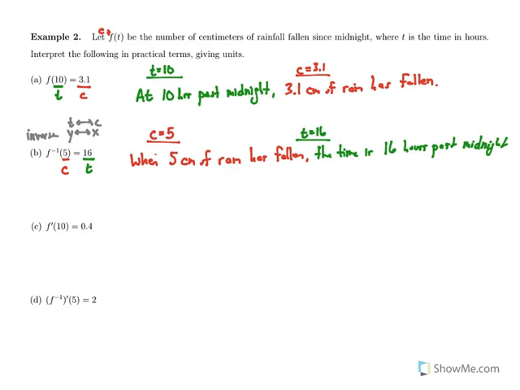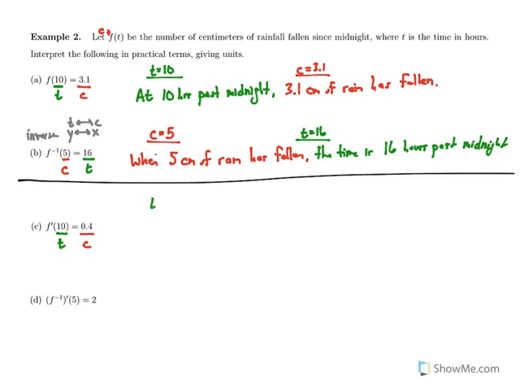Now let's think about the derivative. That's kind of the new thing in this section. So the derivative, f prime of 10 equals 0.4. Again, this is going to be a T value. This is going to be a C value. So we're going to write at T equals 10, so at 10 hours past midnight, that's at 10 a.m., then I'm going to write when T increases by 1.